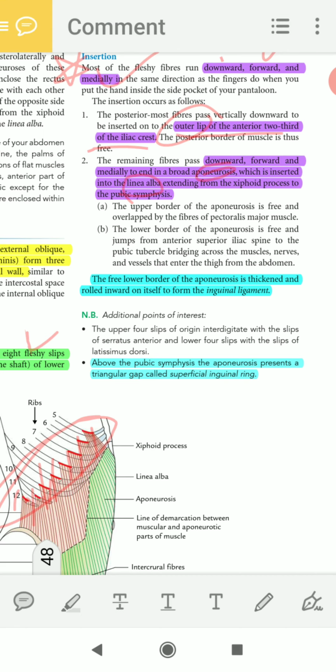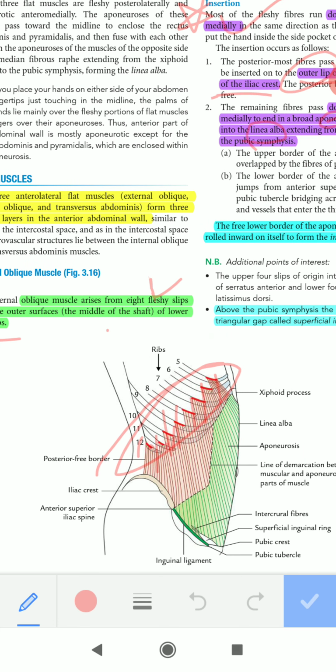Look at that, they are inserted on the outer lip of the anterior two-thirds of the iliac crest, and ultimately form the aponeurosis. This green color is the aponeurosis of the external oblique muscle. They form the aponeurosis and ultimately attach to the linea alba.